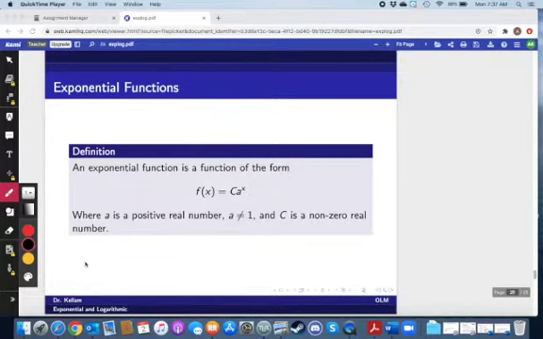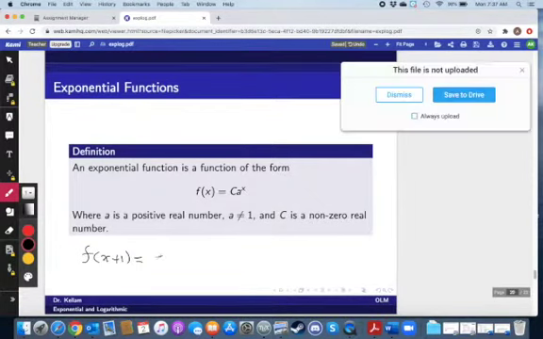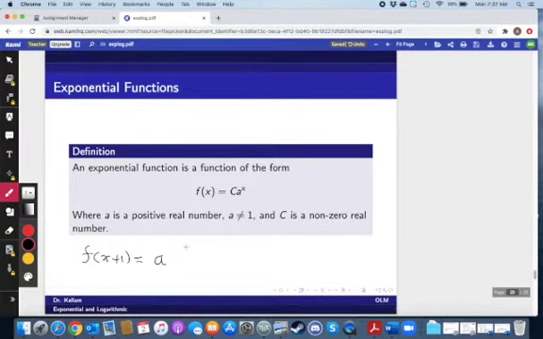What is f of x plus 1? So f of x plus 1 equals a, which is our base, times f of x.